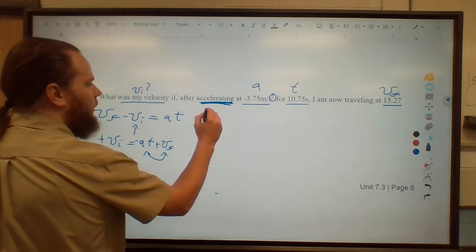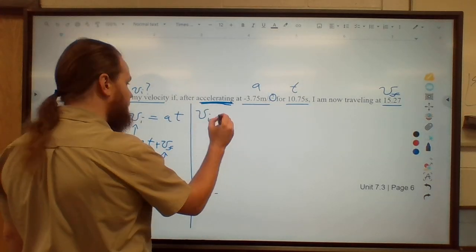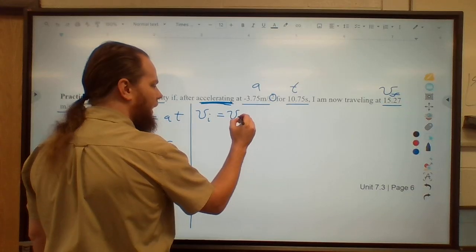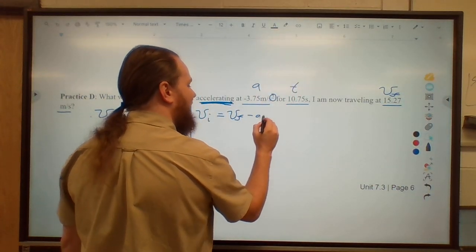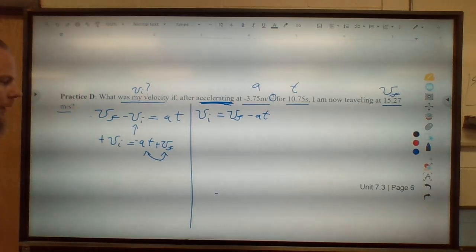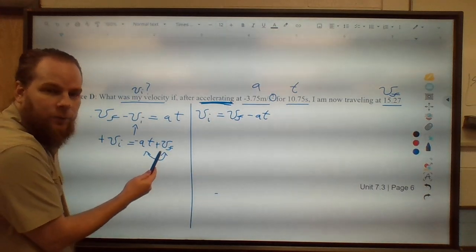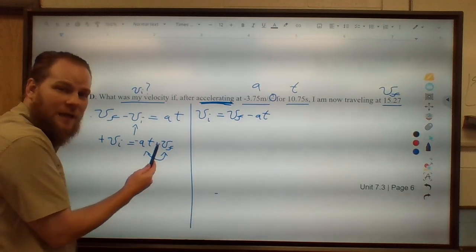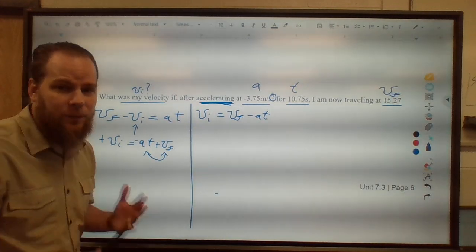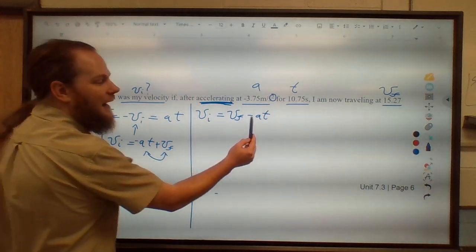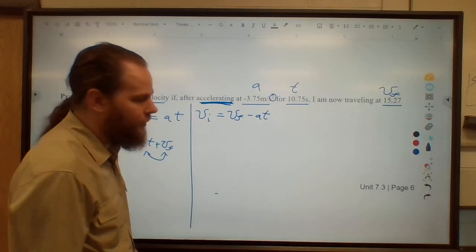So then our actual equation that we are going to be using is VI equals VF, that's not an F, VF minus AT. Okay, because negative AT plus VF is the same as VF plus negative AT. They're the same thing. It doesn't matter what order you do with them. You still have to do the multiplication first, but that's not going to be too big of an issue.